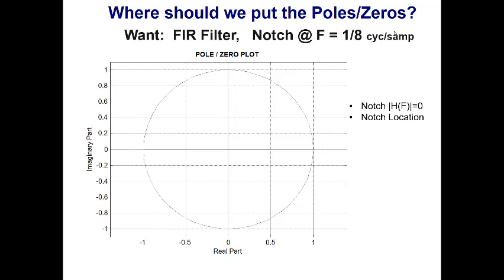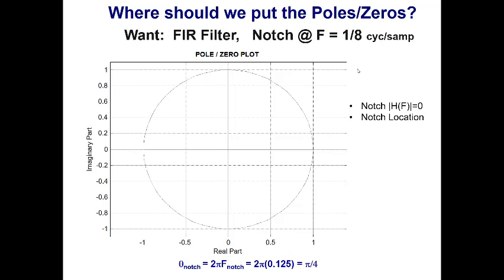Well, recall the relationship between H of z and H of f: H of z becomes H of f where we replace the angle in the z domain with 2 pi f. So we're finding points on the unit circle. All the points that make up the frequency response of the system are what happens on the unit circle in the z domain.